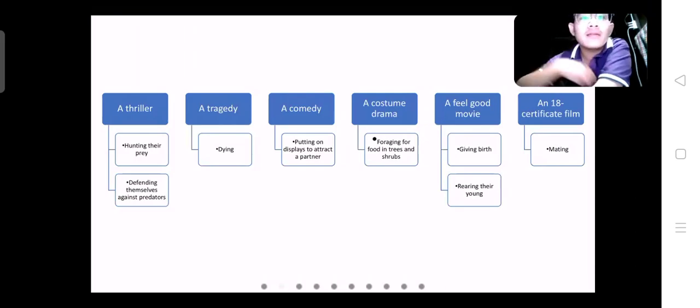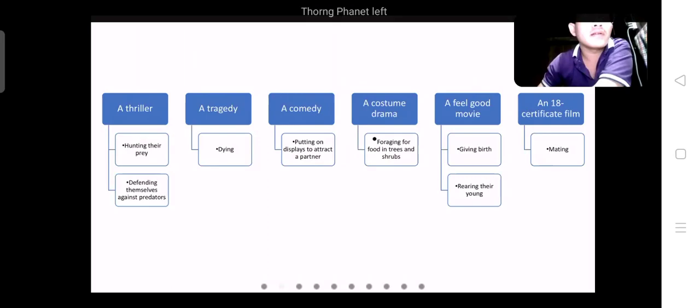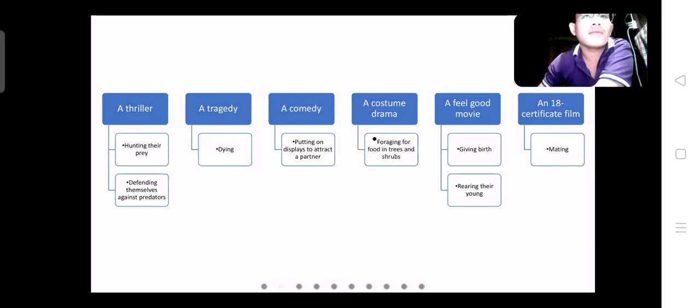And this is the answer for the first question that I picked from our readings, and the blue in the box are the types of film. There are six: thrillers, tragedies, comedies, costume dramas, feel-good movies, and 18 certificate films.